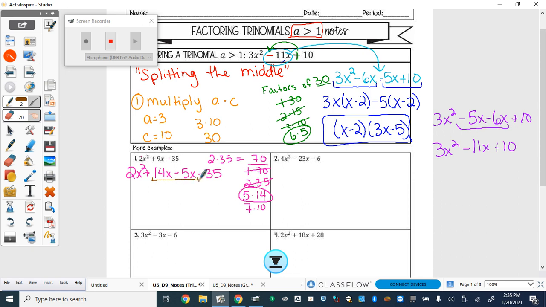So all I'm doing is breaking apart that 9x to get something that's equivalent so that I can do my factor by grouping. So I have a GCF of 2x, GCF of negative 5, so x plus 7 times 2x minus 5.